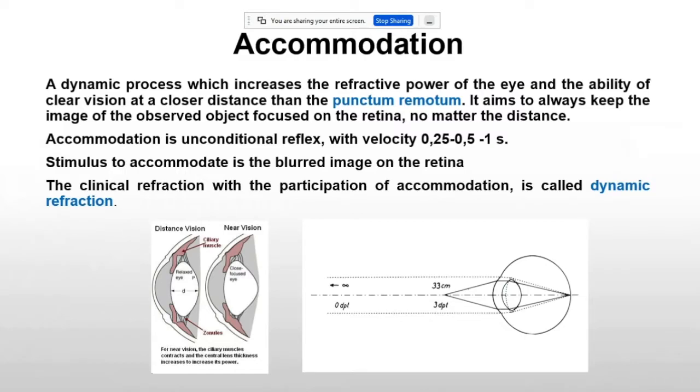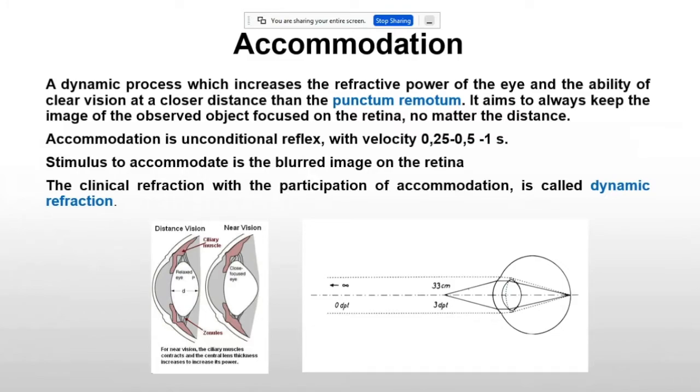But when the eye tries to see near, accommodation takes place. Accommodation aims to always keep the image of the observed object focused on the retina, no matter the distance.